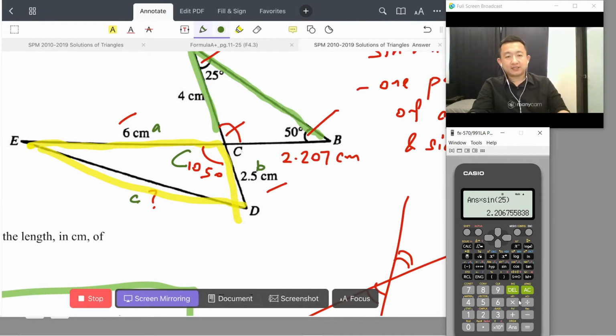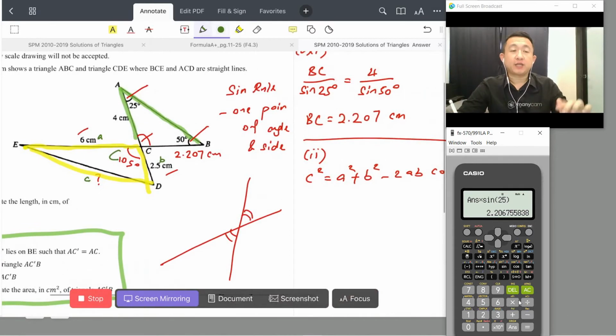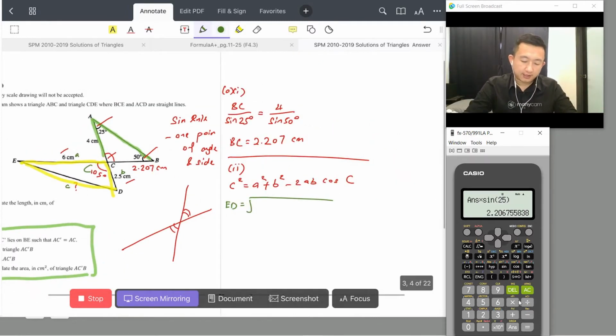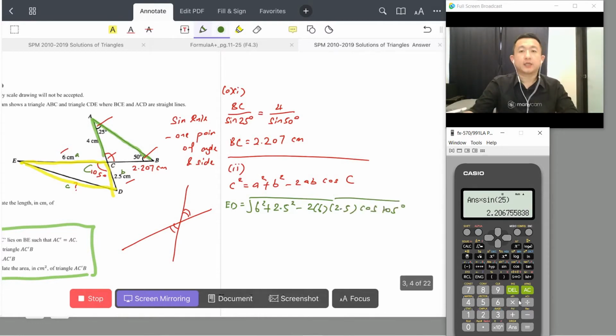By putting this information into the equation, C is ED, what you need to look for. So ED equals the square root, right? A is 6. Okay, there you go.